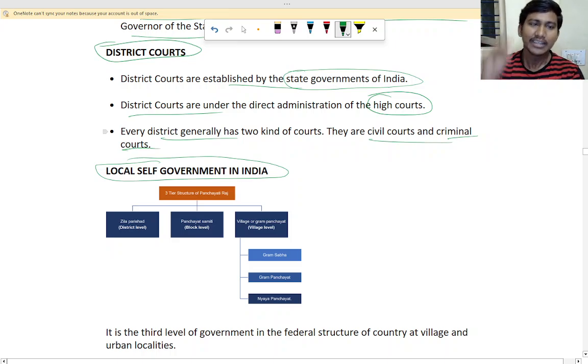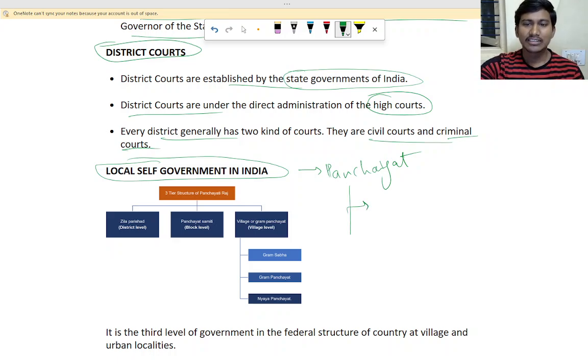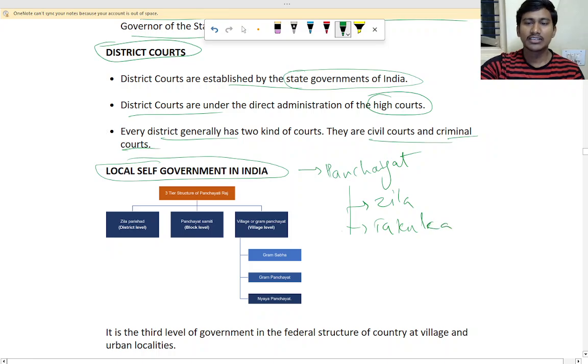That is completed. Now, local self-government in India means Panchayat, which you may have seen. Panchayat is self-governance. That is Jilla Panchayat, Taluka Panchayat and Gram Panchayat. There are three.